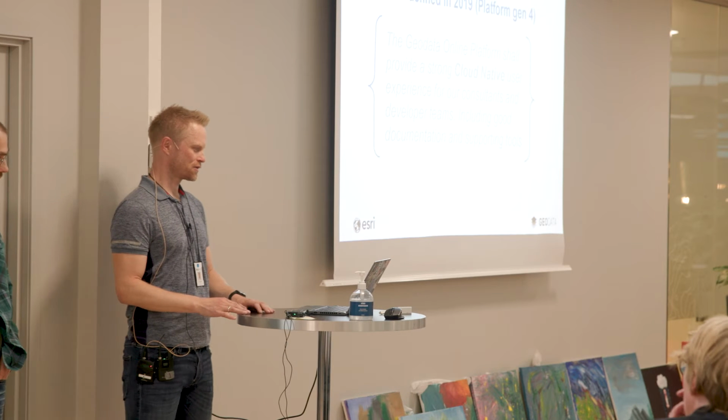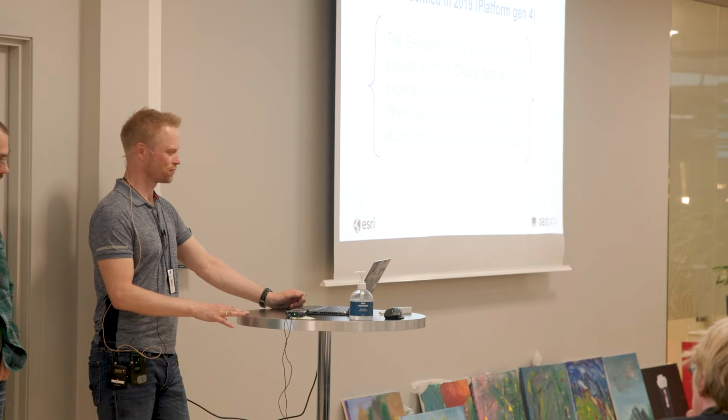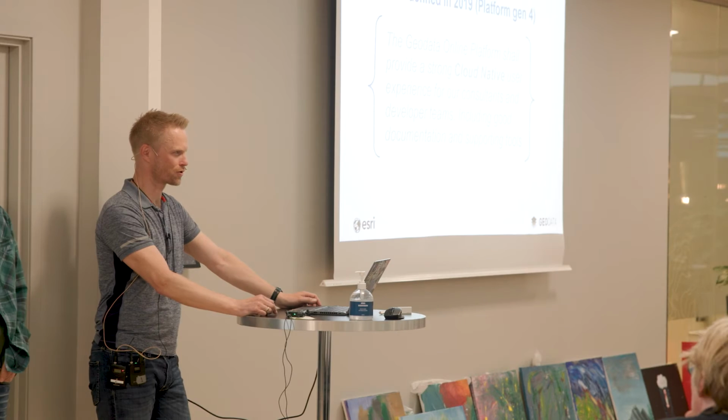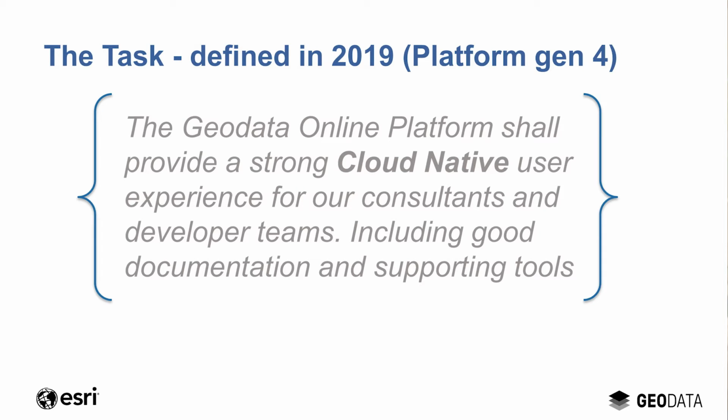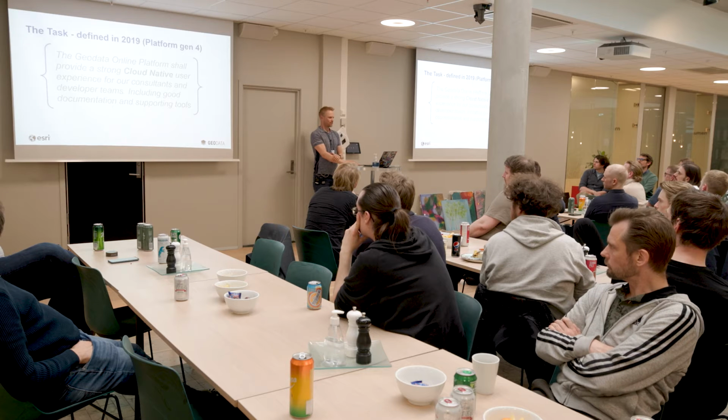Back in 2019, when we had been running this platform for our internal product team for a while, our idea was to make this a core platform for the whole company. So we started the challenge of making our fourth generation of the platform. And we decided to make that cloud native.